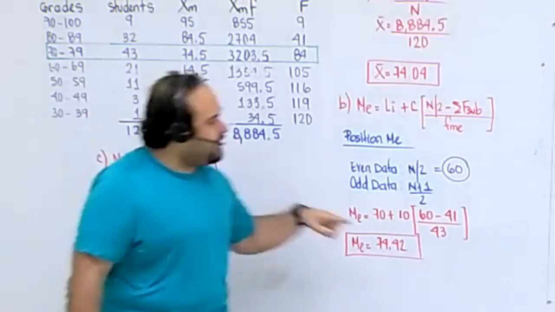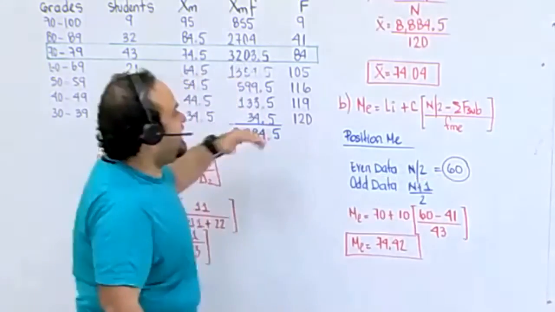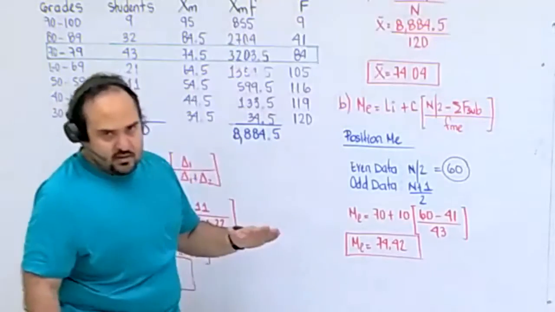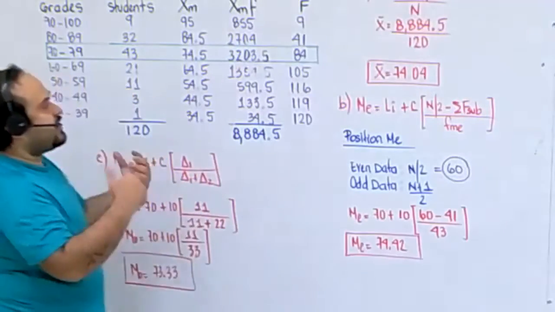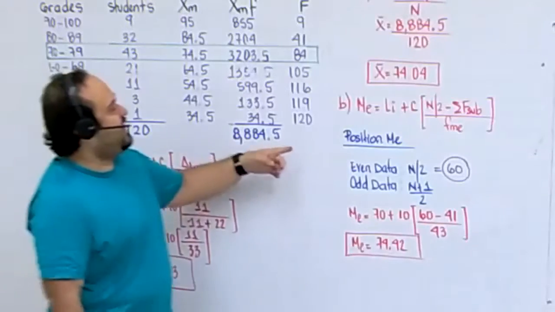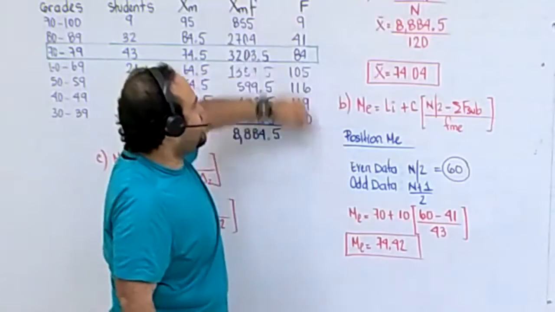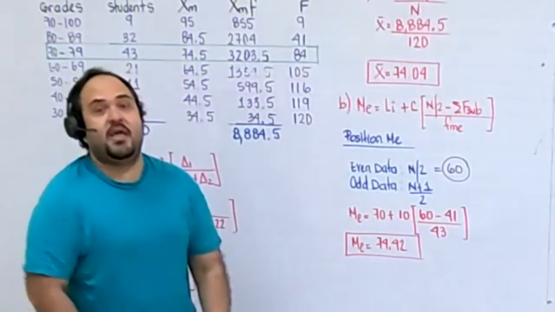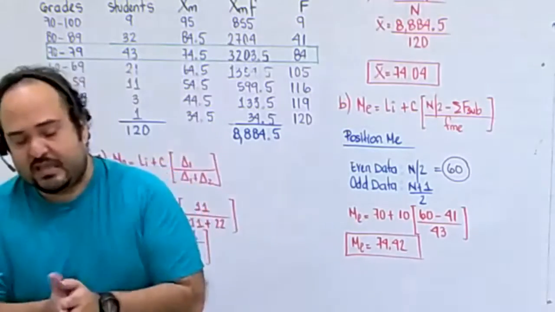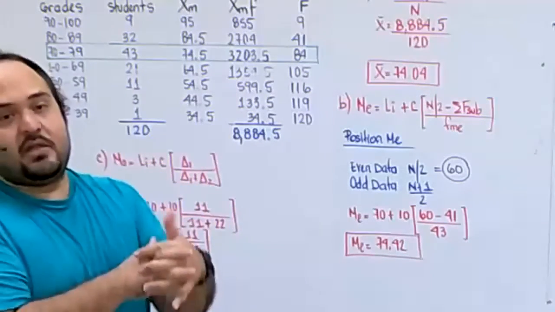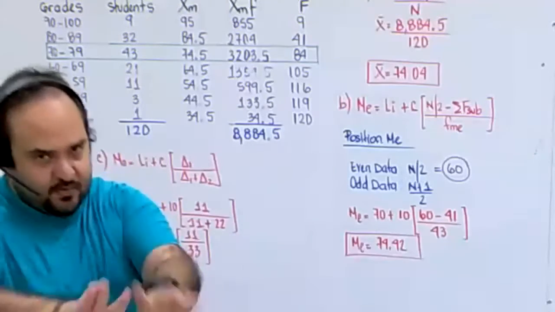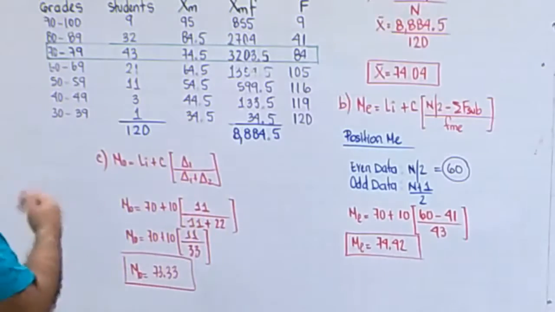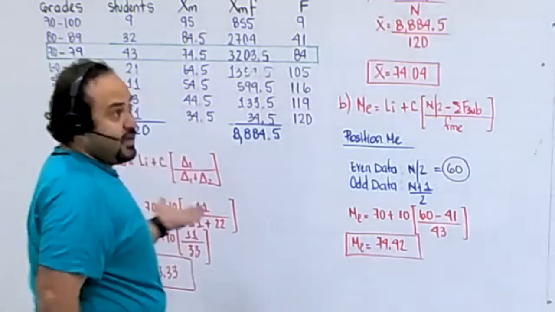I'm going to look for the number 60 in the accumulated frequency. If we are so lucky to obtain exactly this value in the accumulated frequency, you don't need to use this formula, because according to the rules of statistics, the answer will be that superior limit. But in most problems, that's not going to happen.